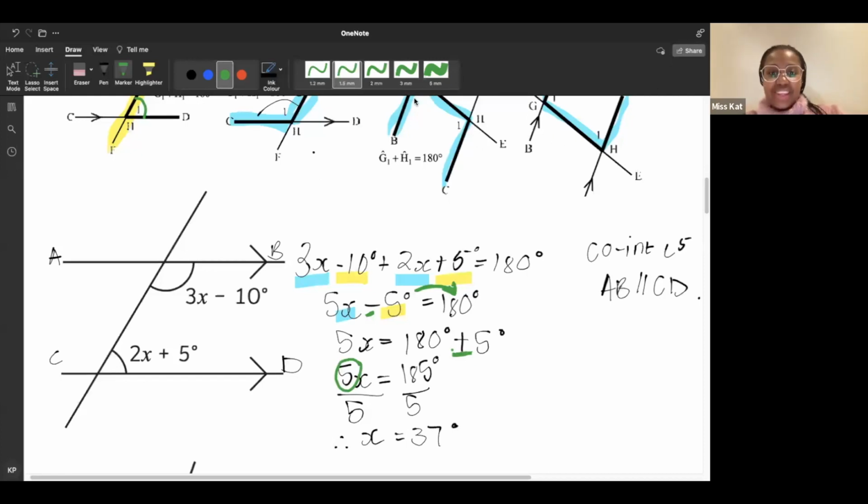Okay, so I just wanted to ask, since you bring the 5 over, that becomes a positive 5, and then you add it to 180, how do you divide it by 5? Where is the dividing 5? We're doing inverse operation, okay? So check it. If I have 2x equals 4, now I want to get rid of this 2 that's in front.